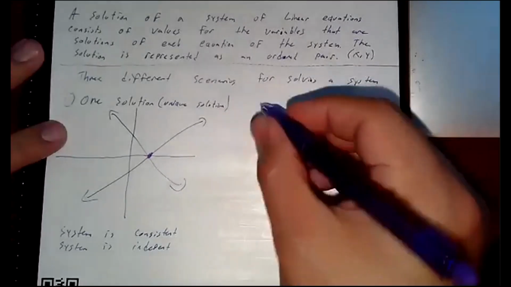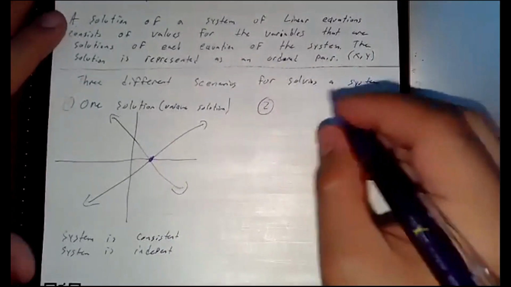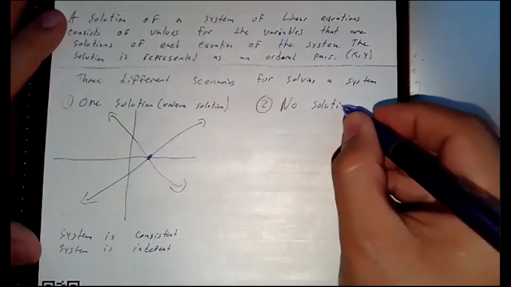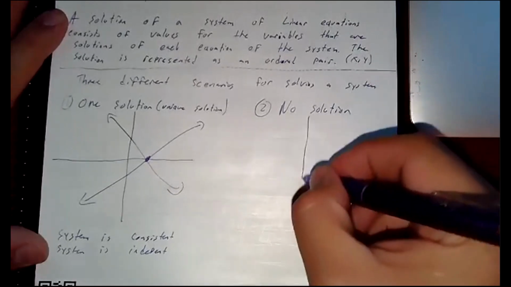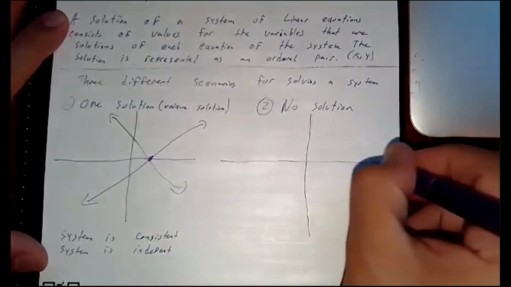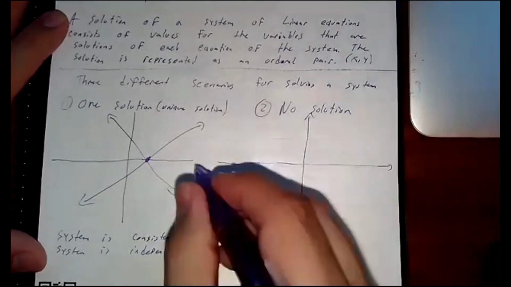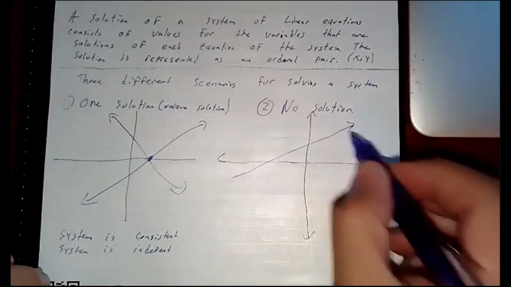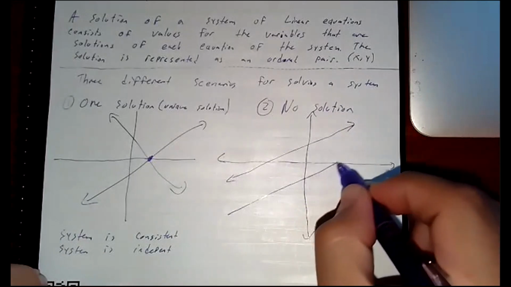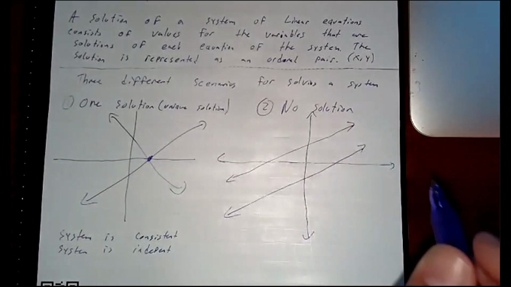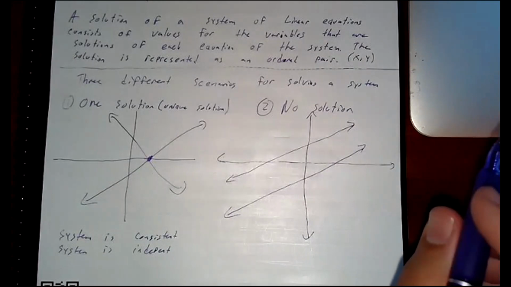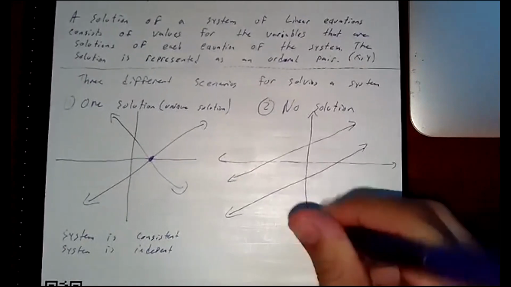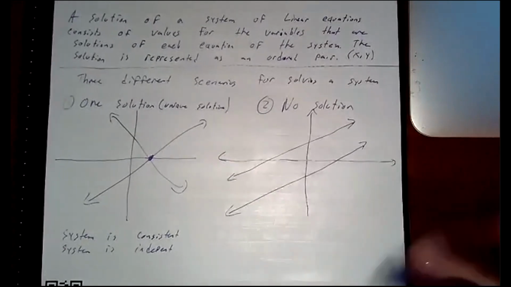Now let's talk about number 2. Sometimes there's no solution, meaning they don't intersect. You can have 2 lines doing this. See how they're parallel to each other? So when this happens, there's no solution. This is also called inconsistent.